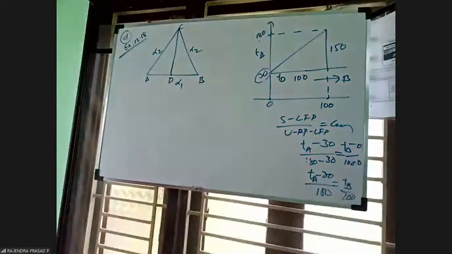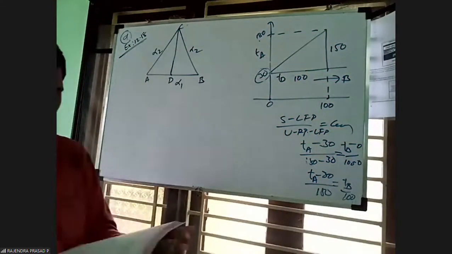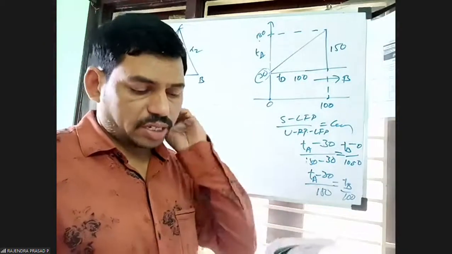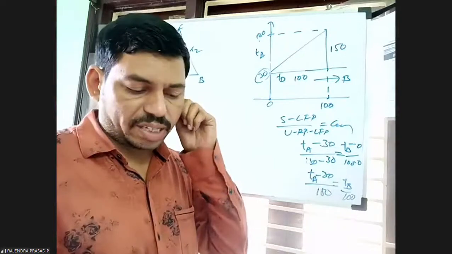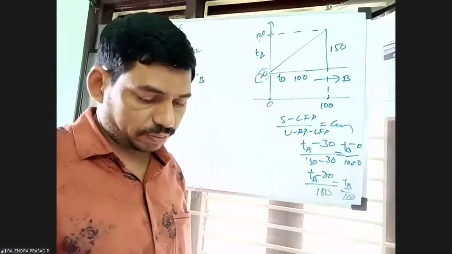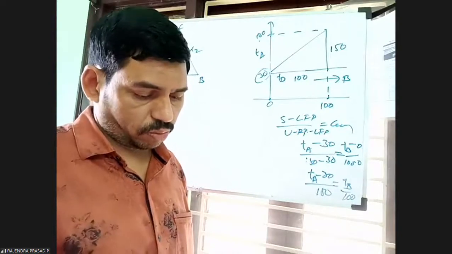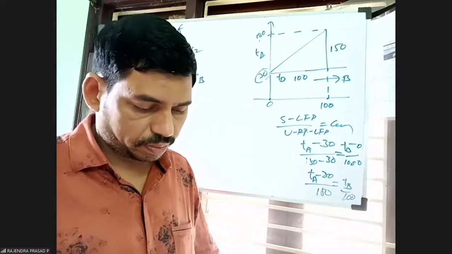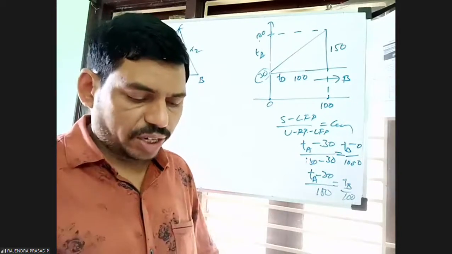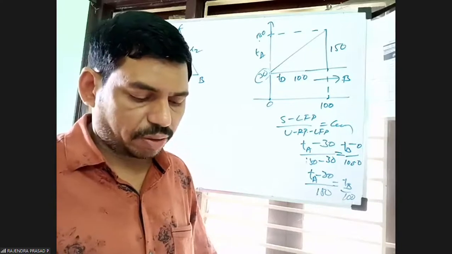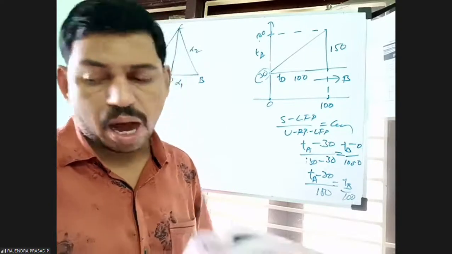If distance DC remains constant for small change in temperature, find the relation between alpha 1 and alpha 2.